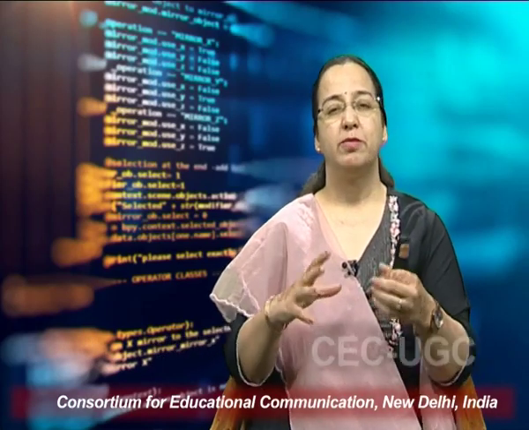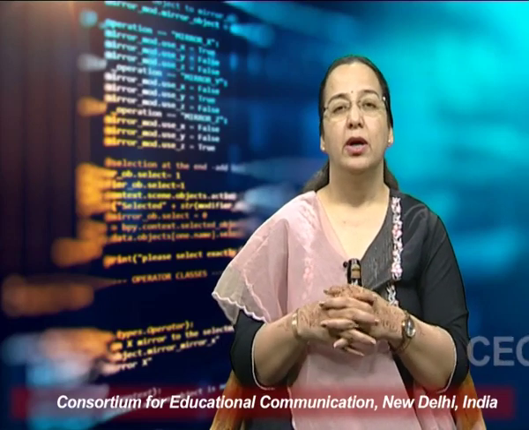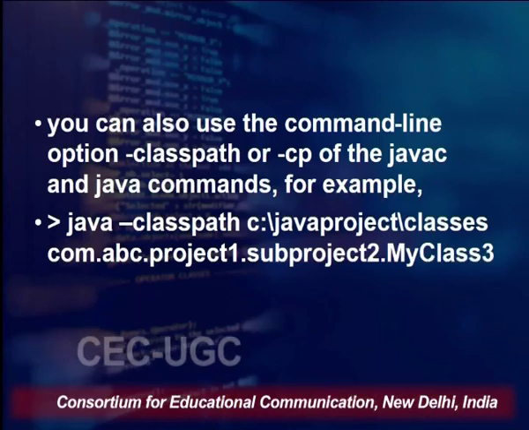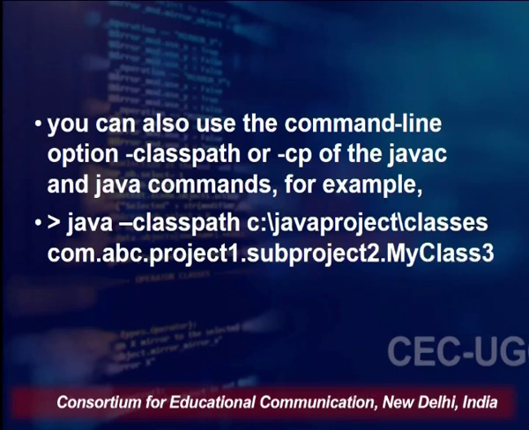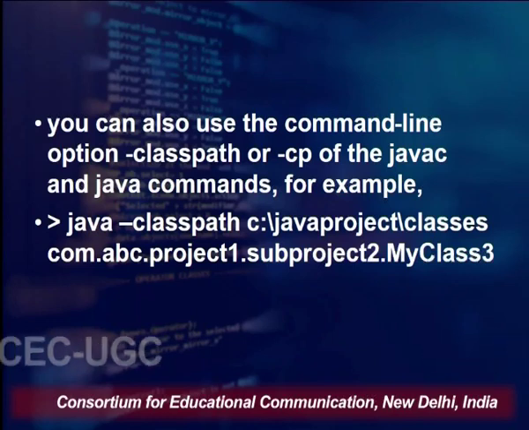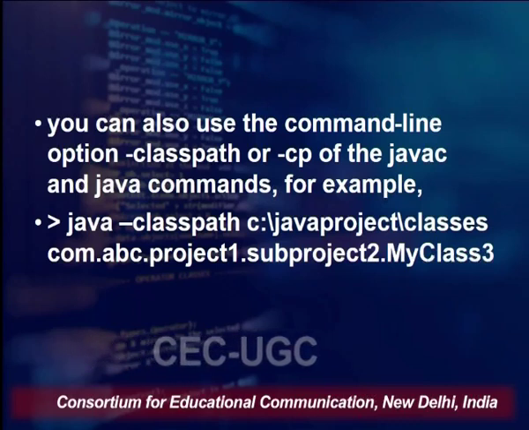Another way of setting the class path comes through the command line option. You can use the option -classpath or -cp of javac, which corresponds to the Java compiler, and of the java command.